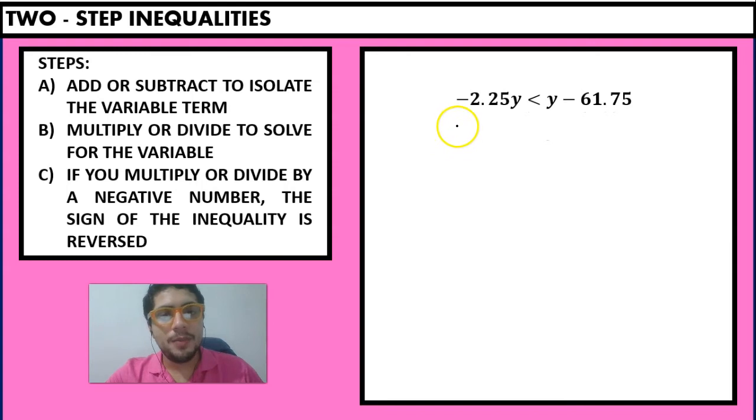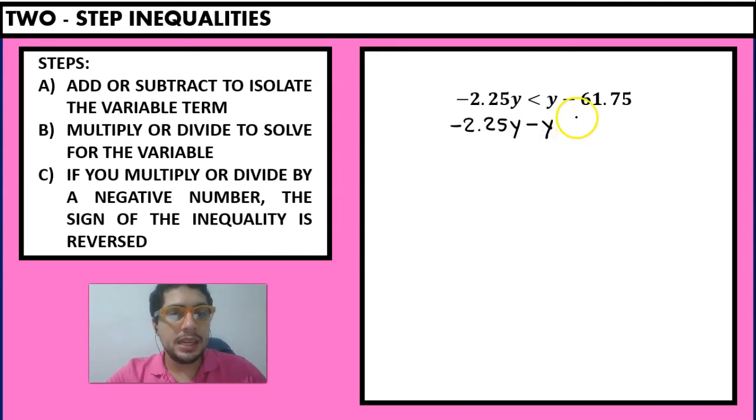What about -2.25y is less than y - 61.75? Okay, so in this case, we have -2.25y, and then we have y again here. So what we can do is move y to the left side. So -2.25y - y is lower than -61.75.